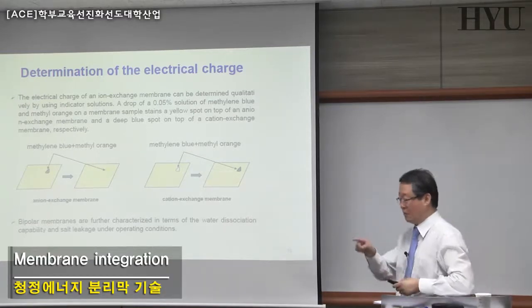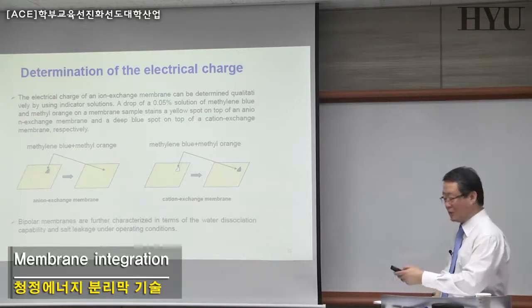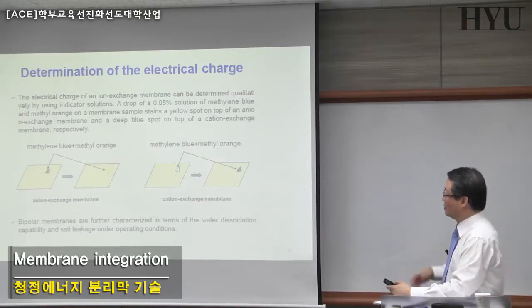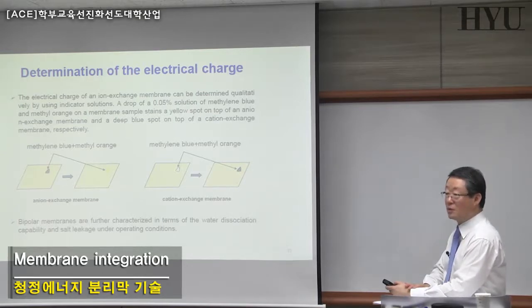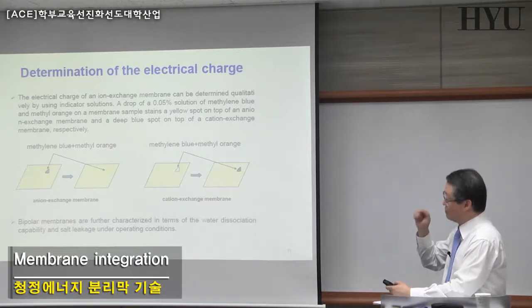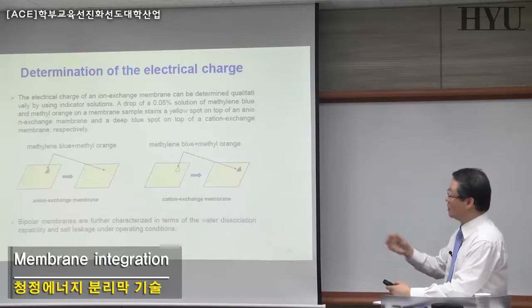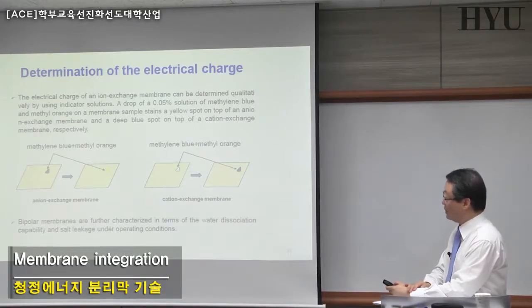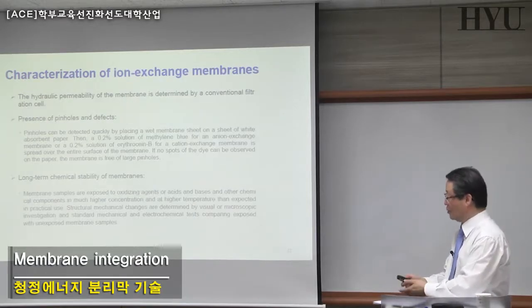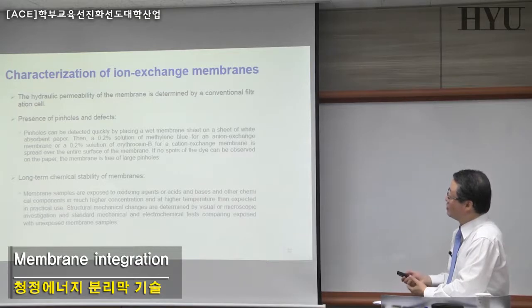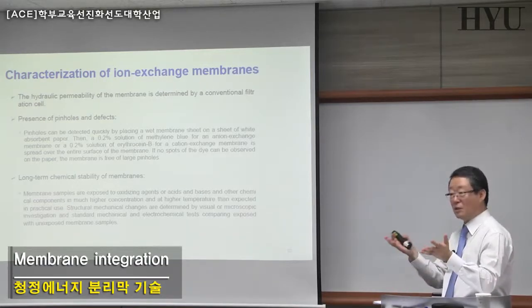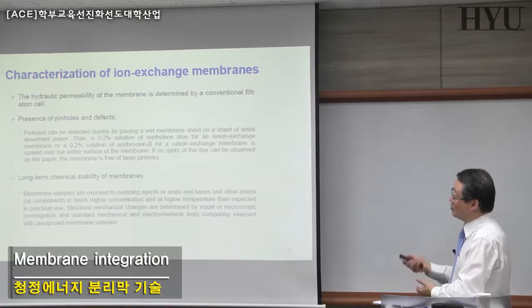For example, if you have small white spots or small non-color changed spots, that means that we may have lower, or we may have the membrane without any charges. But if there is any pinholes, then there will be no charge, so that we can easily see the effects of pinholes. So those spots, if there is any spot, then we can see that there will be pinholes.